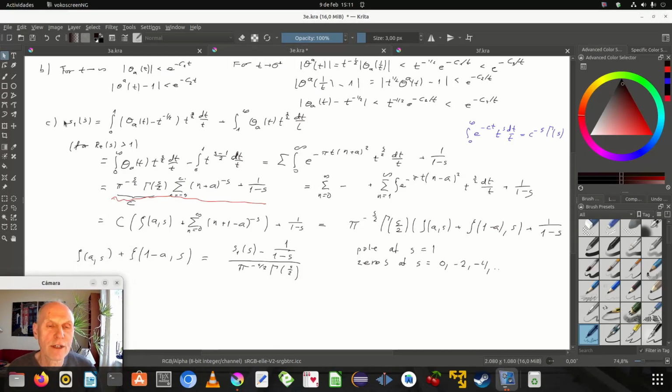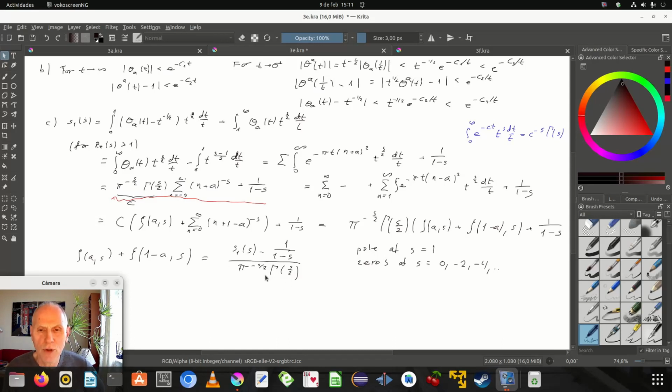This is an entire function for the usual reasons, I have explained that. So we isolate this guy and have s minus something having a pole at s equals 0, divided by this constant.